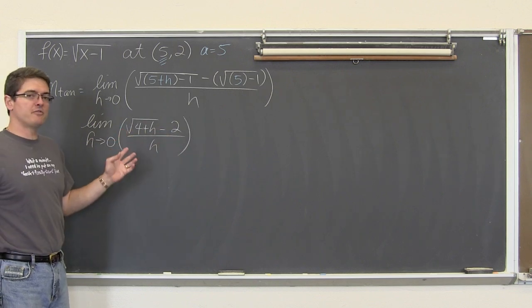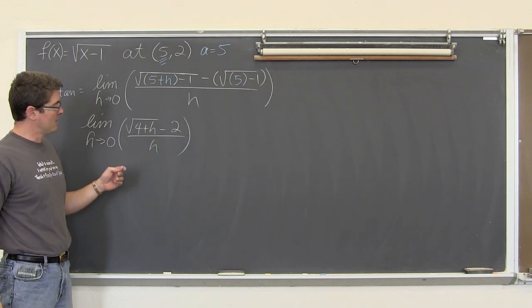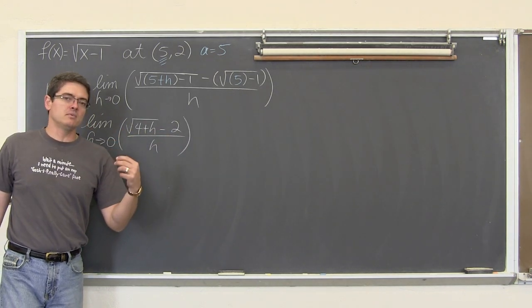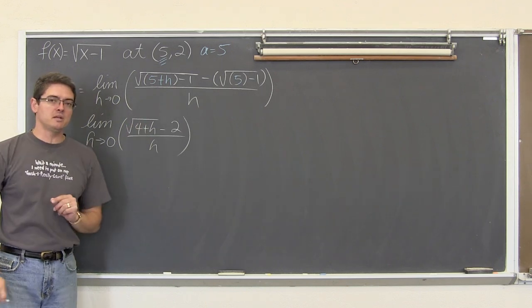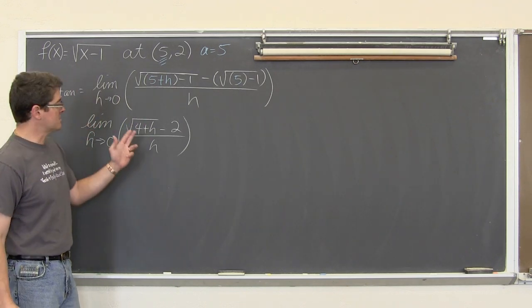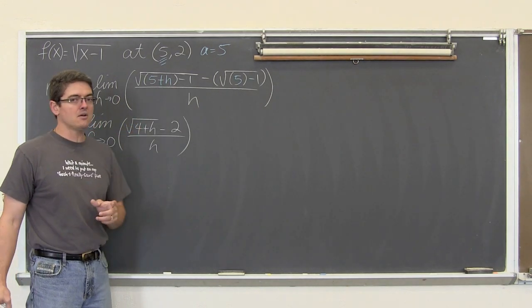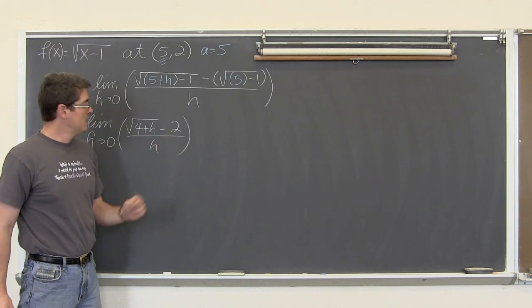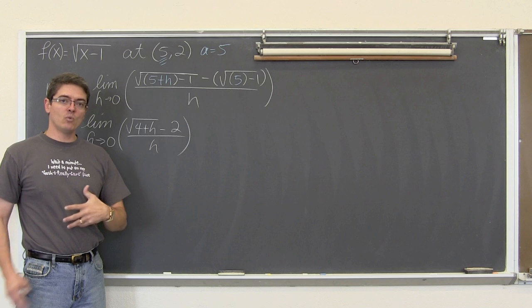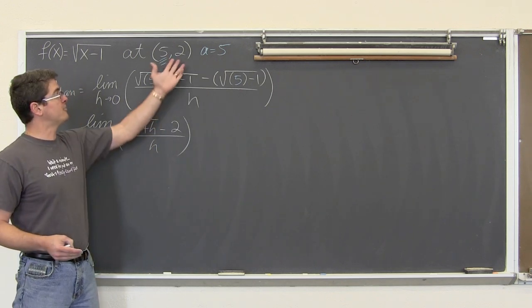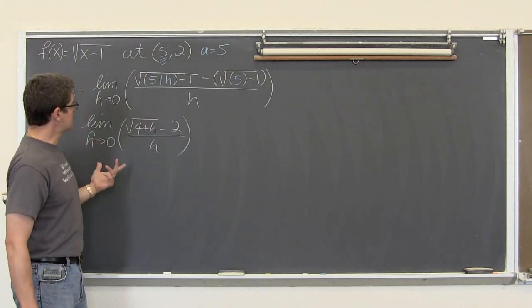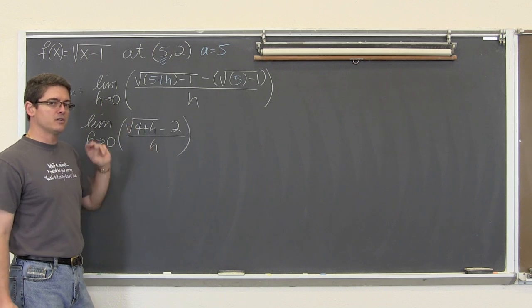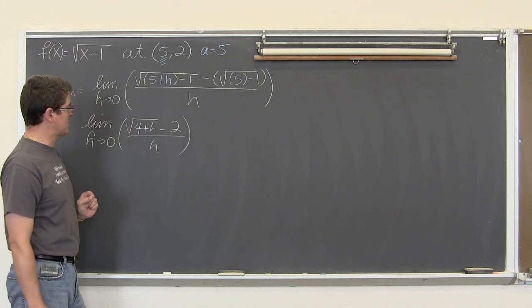This pattern should look really familiar because I just got done talking about when we found limits of quotients using properties. We talked about how we would fairly often in calculus, especially finding derivatives, have to rationalize the numerator to be able to find, well, in this case, the slope at the point 5, 2, or find the derivative. Which we're not really truly finding derivatives yet, we're just finding slopes at particular points.